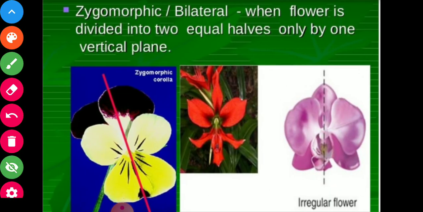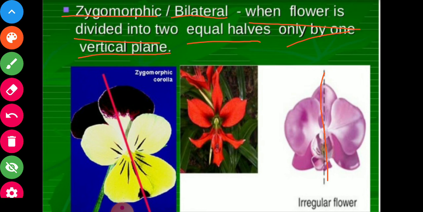Now zygomorphic or bilateral symmetry for flowers, the term used is zygomorphic condition, or it is understood by the term bilateral, when the flower is divided into two equal halves only by one vertical plane. So you can see here an irregular flower, so only this plane can divide the flower into two equal halves.